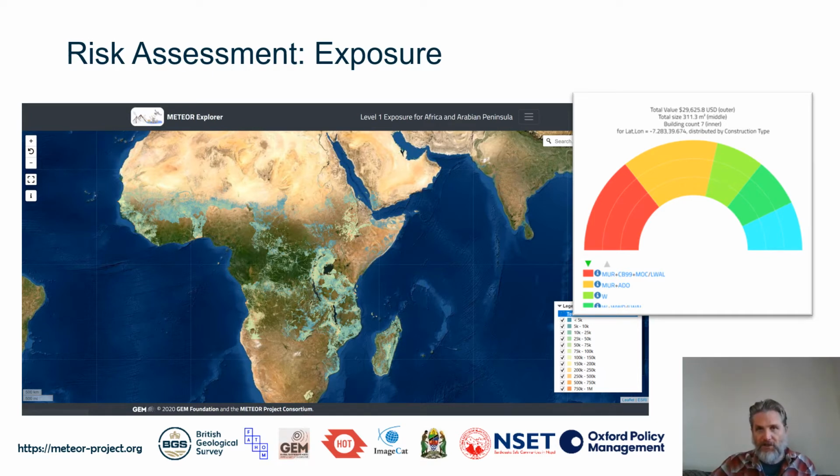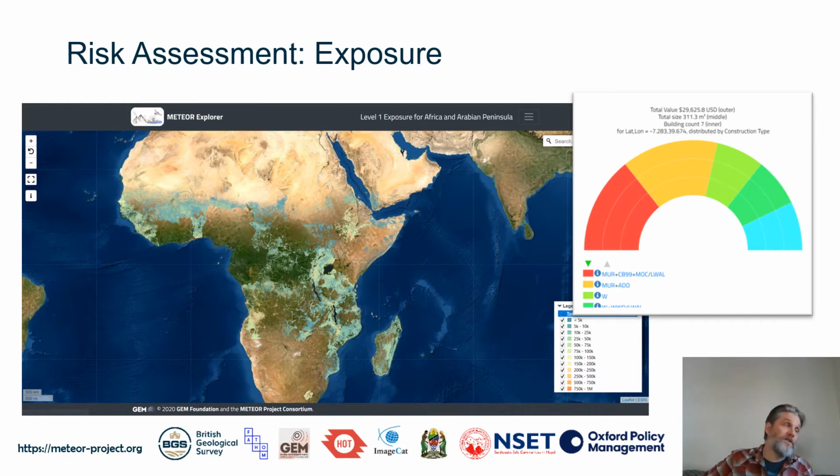For each of these grids, you have an estimate that you can click on and reveal the replacement cost in thousands of dollars in this case, mapped throughout the area, and for each of these cells, how that replacement cost is distributed in terms of these codes. These codes here map directly to a vulnerability assignment that you can cross-reference with say ground motion or depth of flooding to get an estimate of damage. In this case, these are specific for earthquake. And that's really what we're talking about when we're talking about building exposure data in this context.